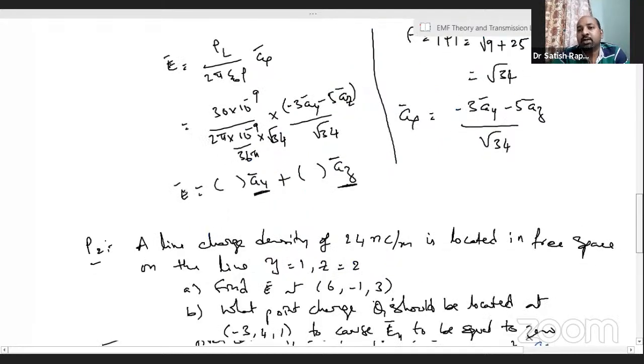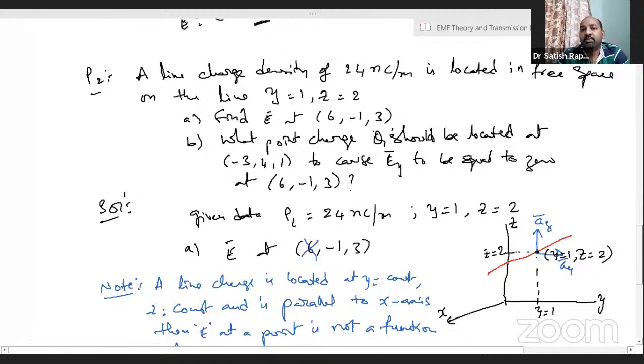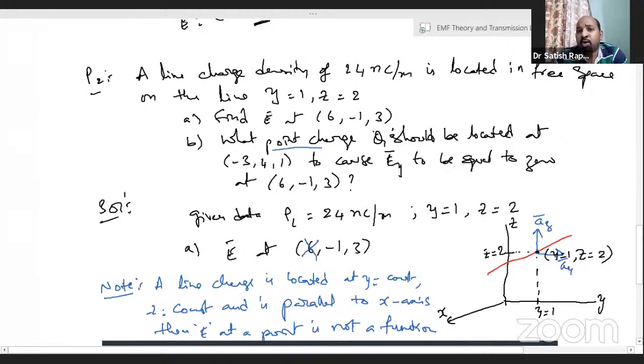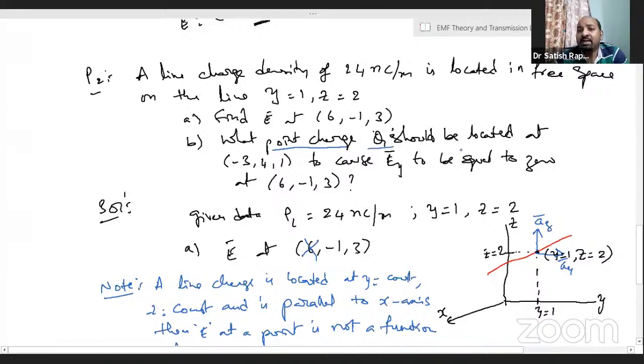In B bit, what point charge Q should be located at -3, 4, 1? That means a point charge is located at -3, 4, 1, right? Earlier in A bit, a line charge is located at y is equal to 1 and z is equal to 2.